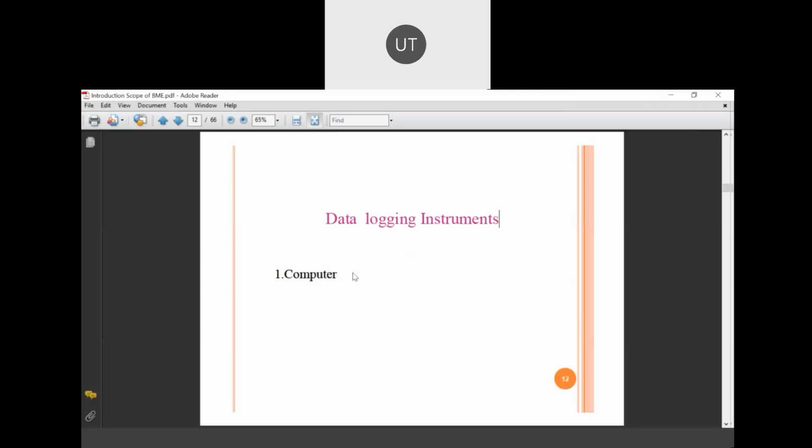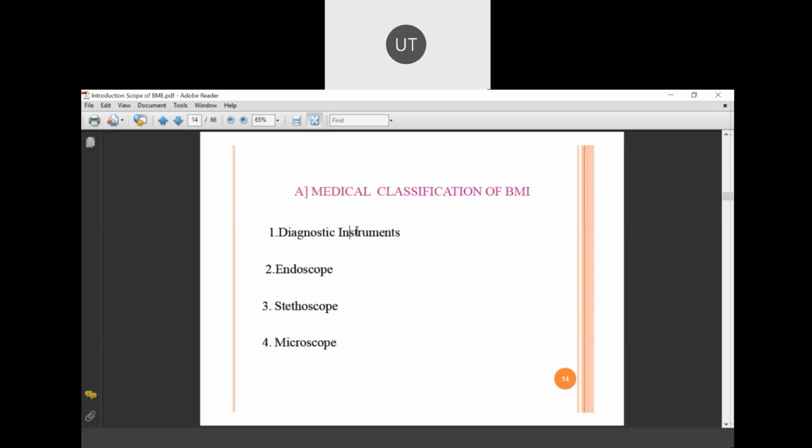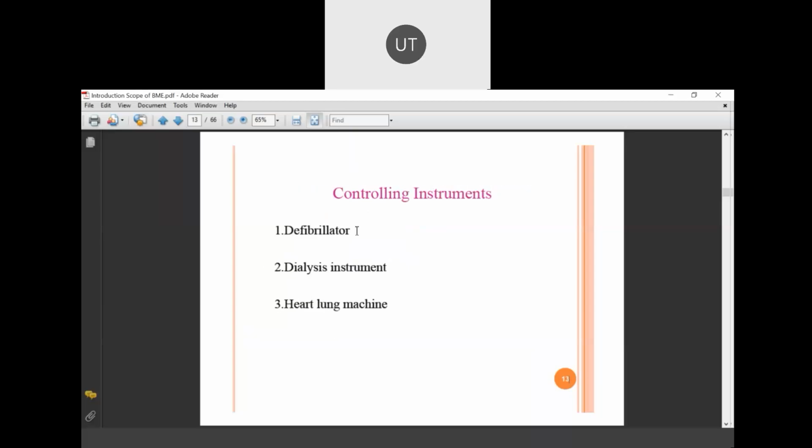Okay. Then the controlling instruments. These are the different controlling instruments: the defibrillator, dialysis, and heart-lung machine. Okay. So this defibrillator, it is nothing but the instrument which is used for avoiding the fibrillation. Fibrillation in the sense what? Whenever there is an unsynchronized activity of the heart, actually there is a sequence.